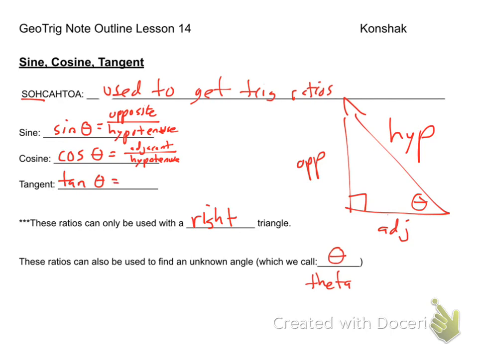And that is, sorry about the noise, but that is the O for opposite over adjacent. So those are the three ratios based off of Sohcahtoa, and the letters that help us identify the corresponding pieces of the triangle that we are talking about.